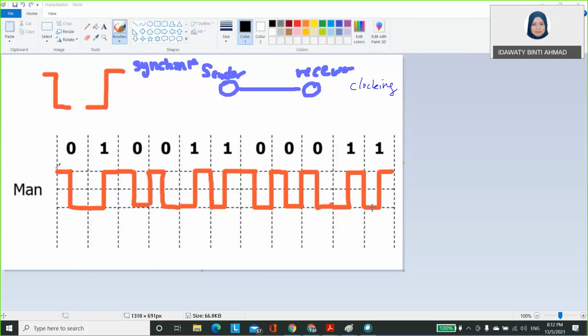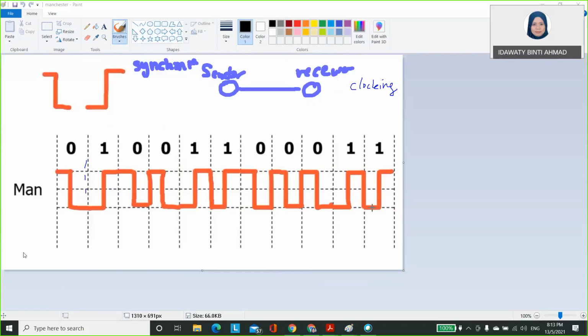You can see the dot here. Hold on, the dot here can represent the clock.